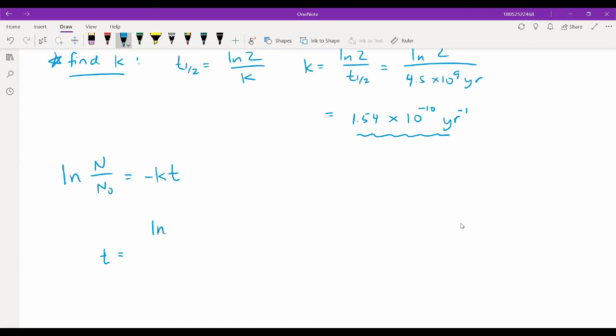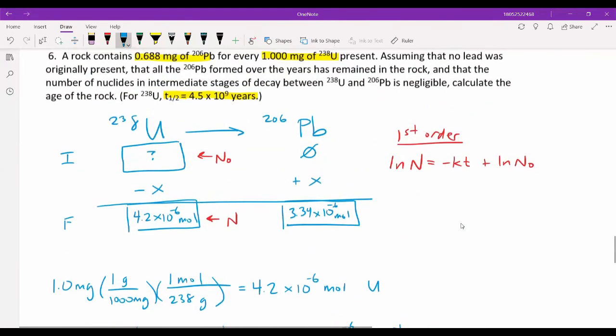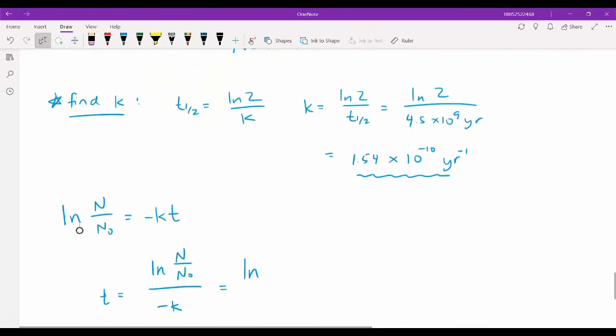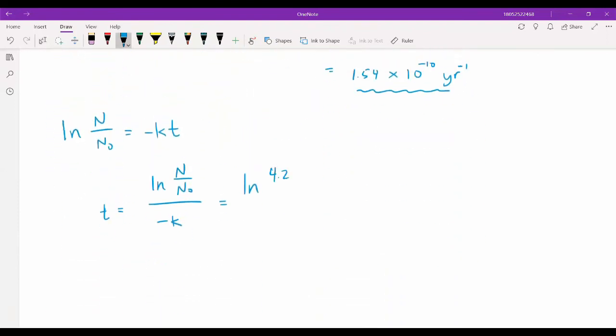Should be ln final over initial, divided by negative K. So we have ln of our final amount, 4.2 times 10 to the negative 6, and our initial was 7.54.